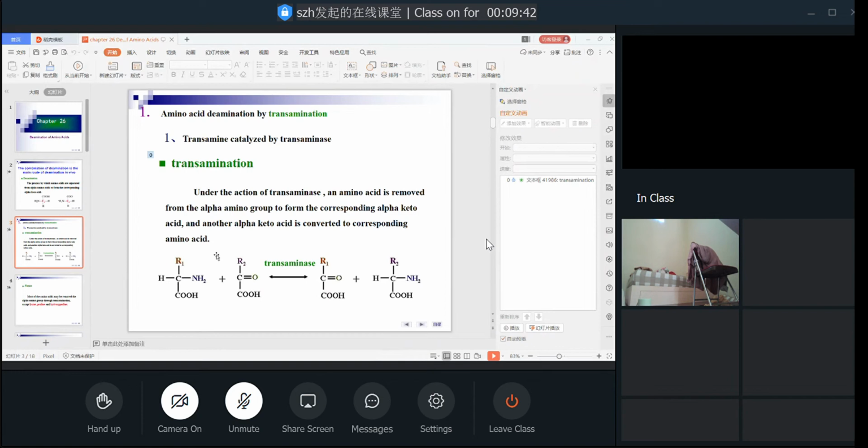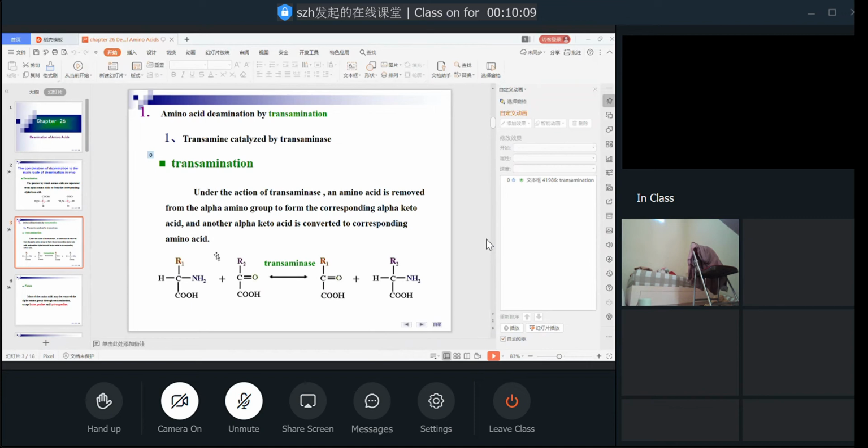You can see this formula. The first amino acid has the side chain R1. The amino group goes to the other alpha ketone acid and produces another kind of amino acid. But here pay attention to the R1.